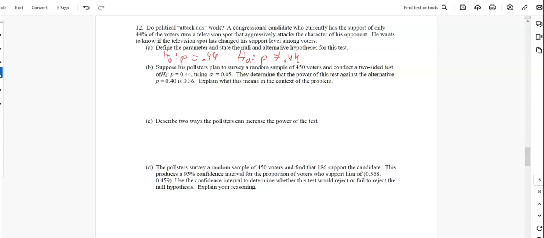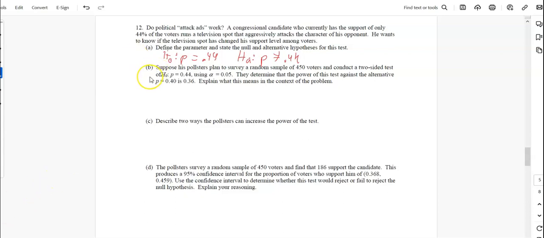He wants to know whether the television spot has changed his level of support. We think it's still 44%, nothing unusual going on. P is the true proportion of folks that will support his candidate after watching an attack ad.